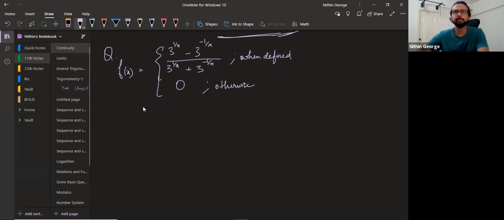Okay, so we have this question here. Check if this function is continuous or not.